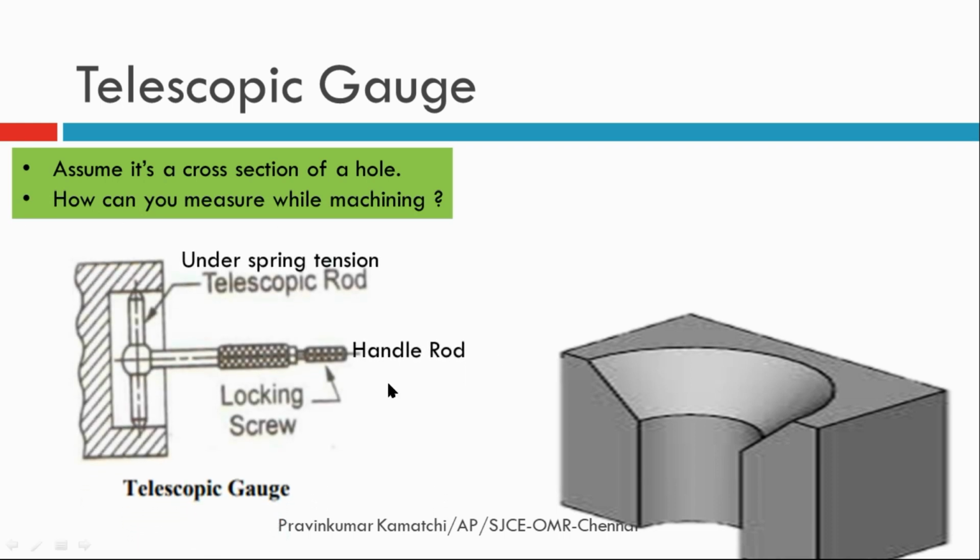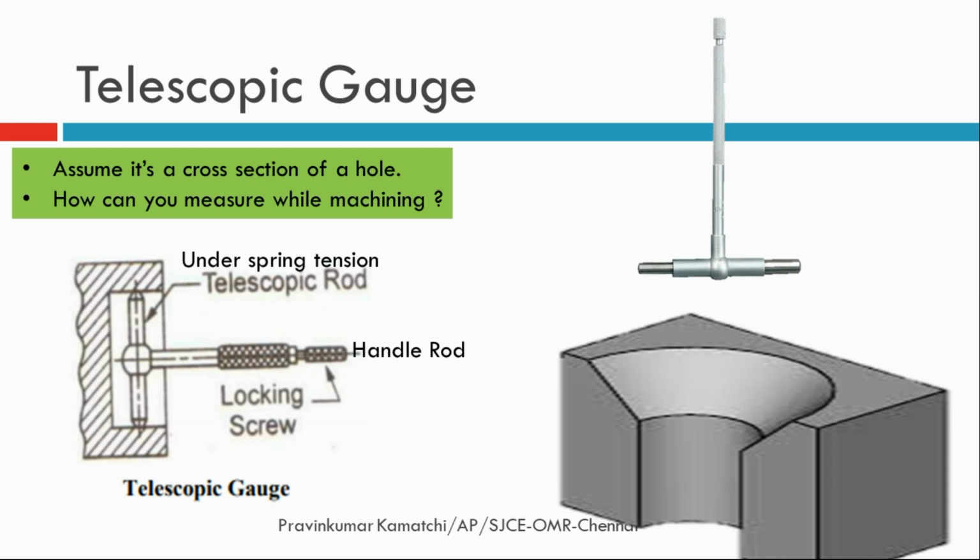It consists of a handle and two plungers, one telescoping into the other with the help of spring tension. The ends of the plungers have a spherical contact. The plunger can be locked in the required place by turning the knurled screw at the end of the handle.